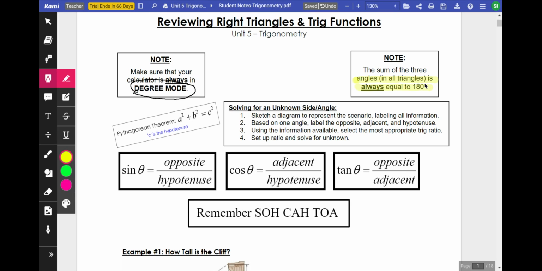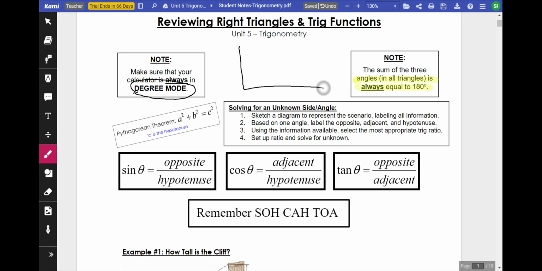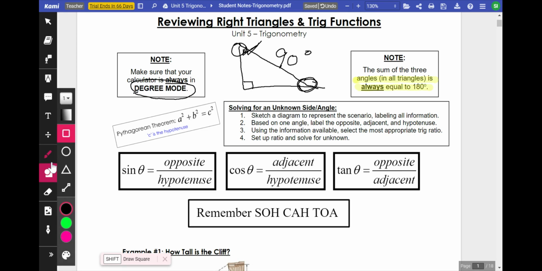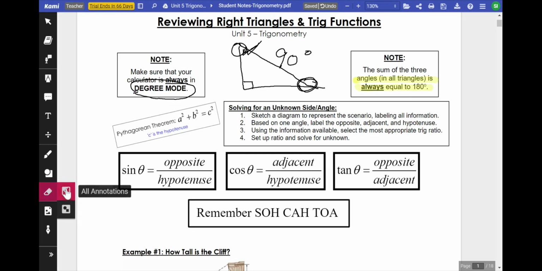And so if we're talking about a right triangle, where one angle is 90, then the other two angles here and here will also add up to 90 degrees. So that's an easy way to figure out. If you know this angle here, subtract it from 90 and you'll end up with this angle here. Okay? So I'm going to just erase that little piece there.